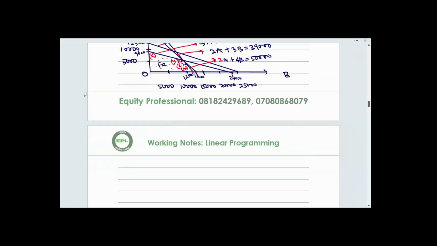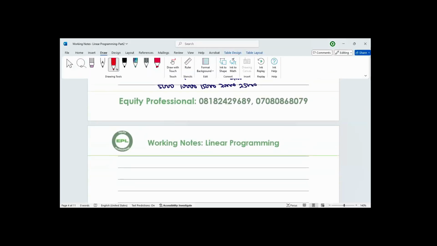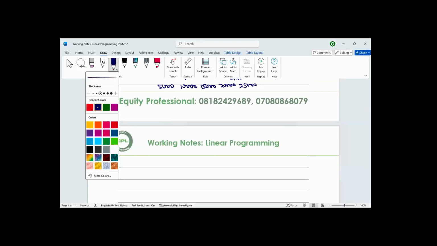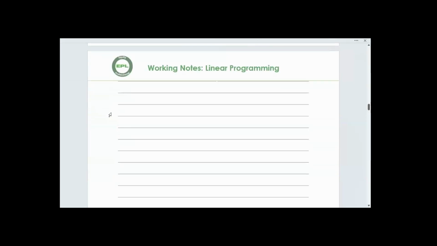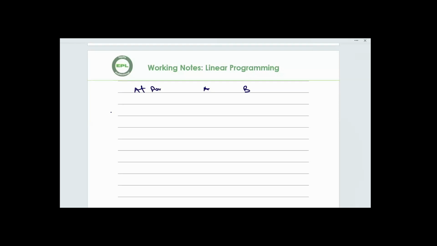So I can then say, A and B at point, we have point X, Y, Z, M. So we need to get value for A and B at each point.